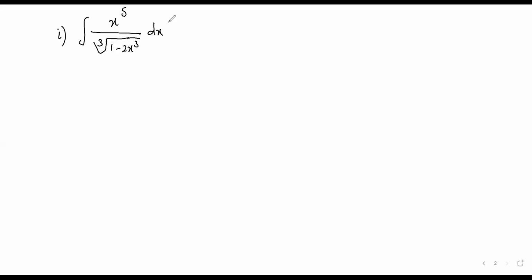So we first go straight to the inside of the cube root and let u be that whole thing. Then differentiate it, so we'll get negative 6x squared dx. Make dx the subject, so we'll have du divided by negative 6x squared.